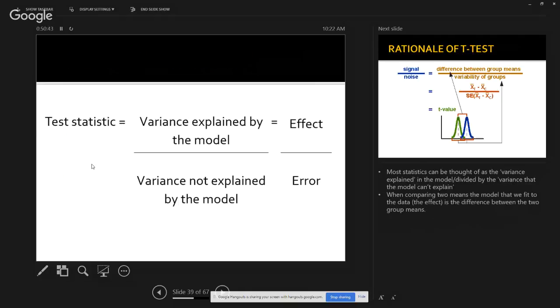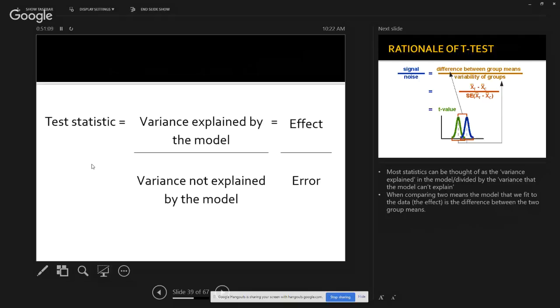So in this class, I'm going to emphasize this many times. Every single statistic you learn in this class, inferential statistics, which is using central limit theorem, is this. It's looking at what is explained by your statistical model divided by what is not explained.